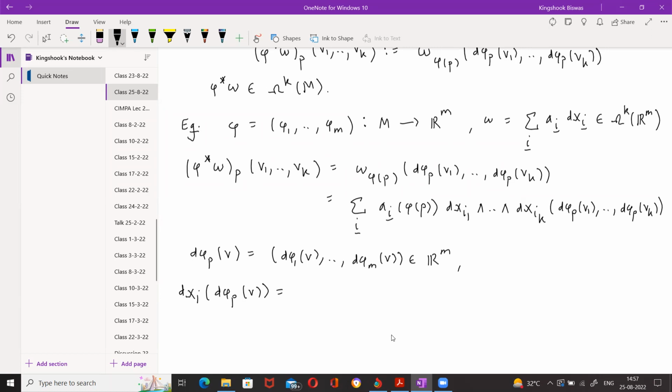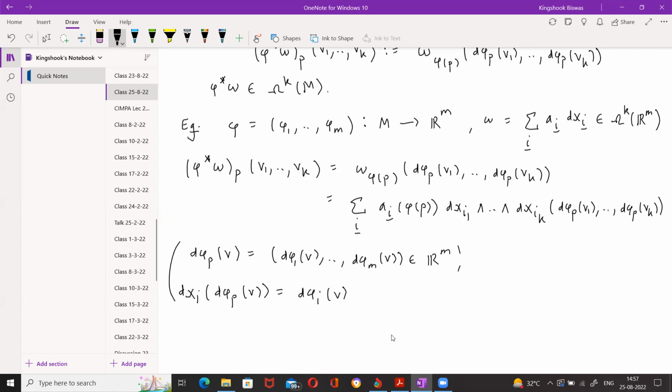Just by the coordinate, it's just the ith coordinate. So it's just going to be d phi i v. Is this clear? Yes.